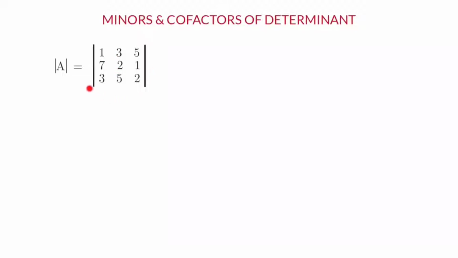Now, how do you find the minor of each element of this determinant? What will be the minor of this element? To calculate the minor of this element, you cancel out this row and you cancel out this column. And those elements which remain will give the minor of this first element 1.